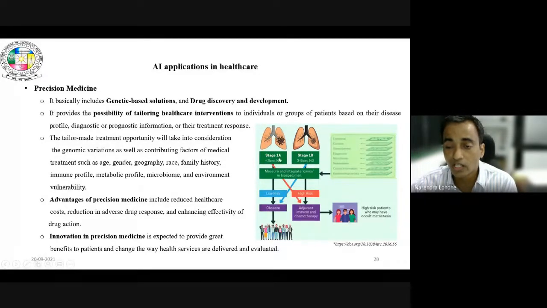If you see this image, it is automatically detecting tumor nodules. If they are less than 3 centimeters, or in the range of 3 to 5 centimeters, it measures and integrates the omics in the bio specimen. It indicates that you go for a physiological test, a biopsy test, to find out whether it is high risk or low risk.